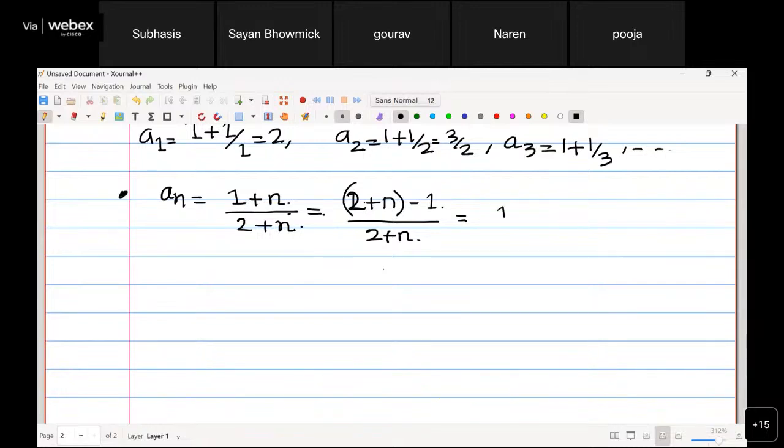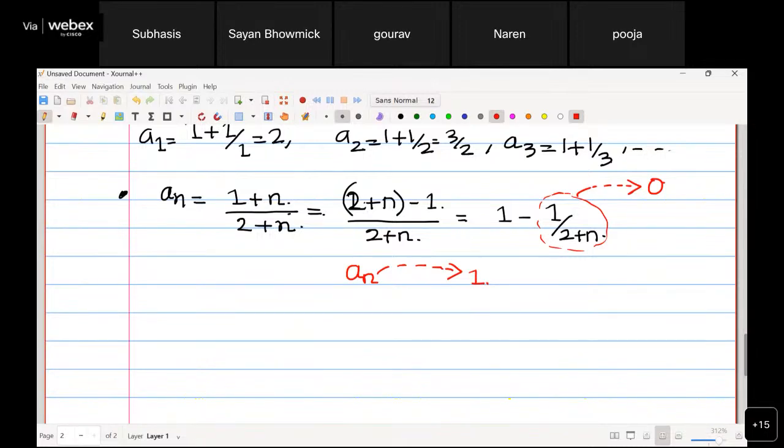And this is the same as 1 minus 1 by (2 plus n), right? Yes, sir, we can write this. So again, the same idea: if I increase the value of n, this thing will come closer and closer to 0. That means my whole term of the sequence an will come closer and closer to 1, right?